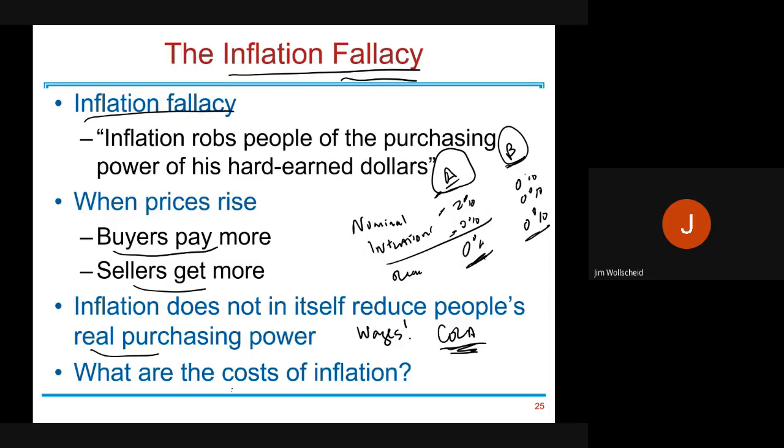However, there is going to be a cost to inflation. And what we will talk about on Wednesday is the cost of inflation. And we'll go through the 5 costs of inflation, as well as cover chapter 18.